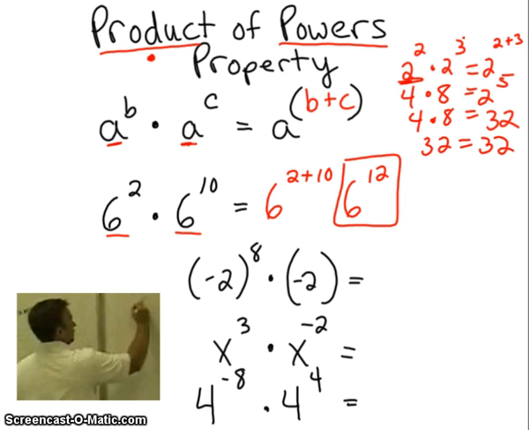Negative 2 to the 8th times negative 2 is negative 2 to the 9th. Just as a quick review, if anything doesn't have a power, it's always to the first, because negative 2 to the 1 is just negative 2. So 8 plus 1 is 9.